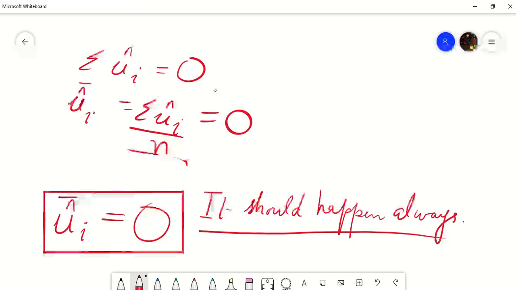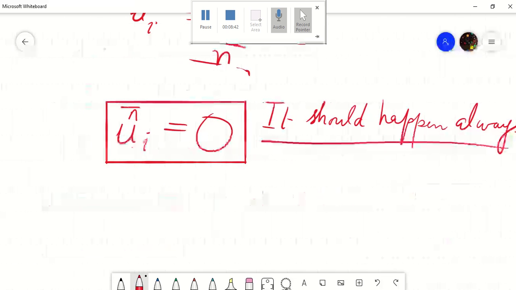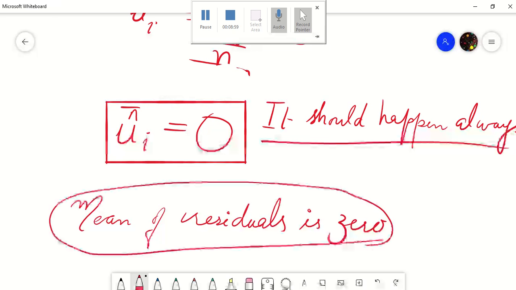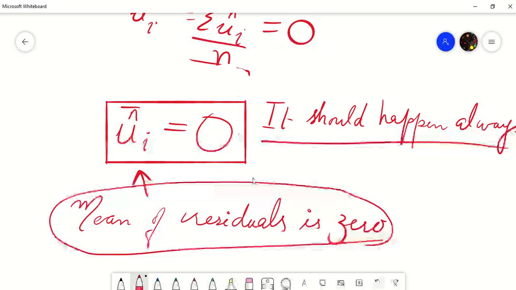We can say that the mean of residuals is 0, and it is always true that the mean of the residuals is 0. This is all for this property.